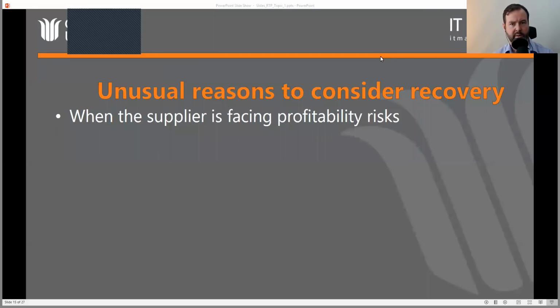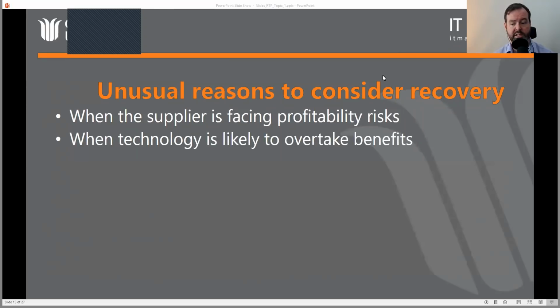So when a supplier is facing profitability risks, that is a risk to the project that ideally should be handled through normal project management mechanisms. But if it's not, it may end up taking the project so far outside of tolerances that it does threaten its value.